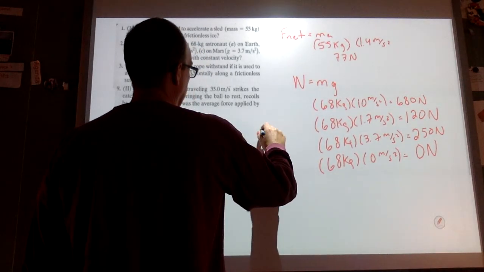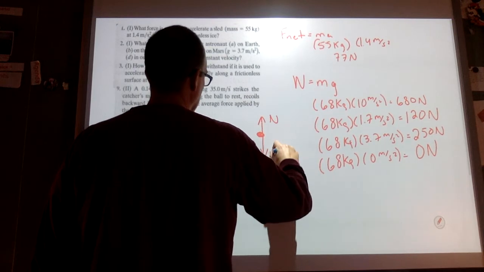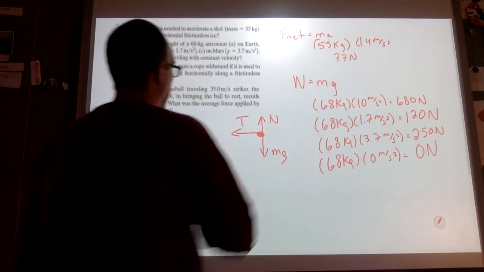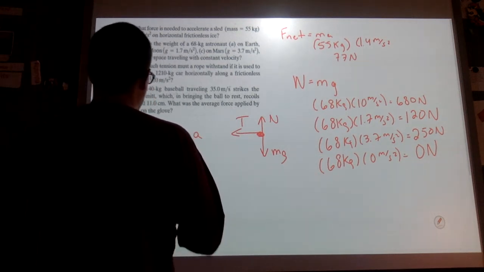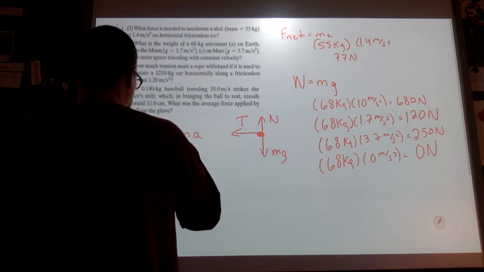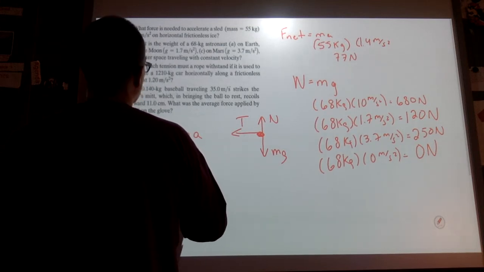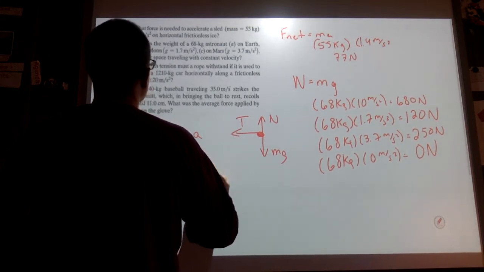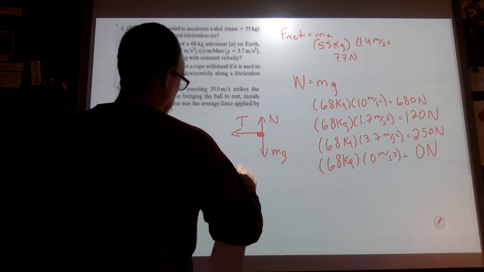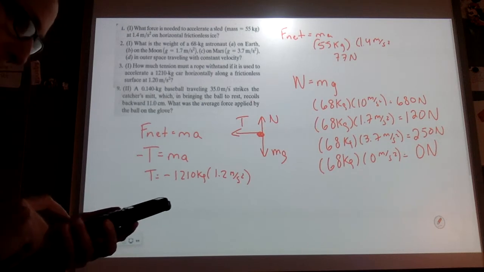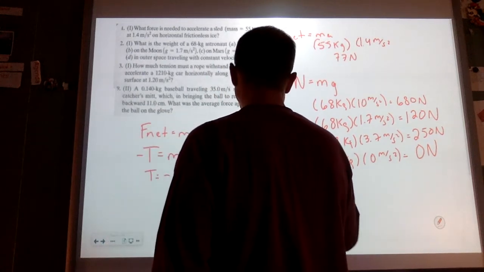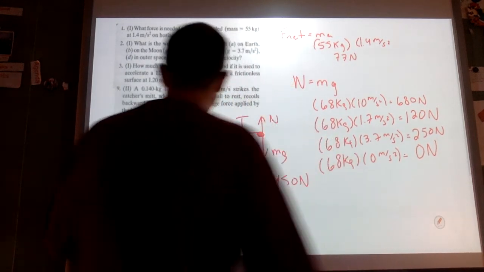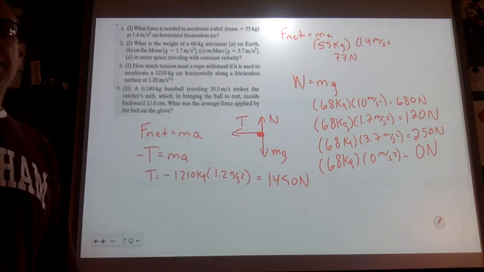Looking at my car's free body diagram, you would just have N, mg, and T. So T is going to be 1210 times 1.2, so 1450. I have a negative in there because the way I drew my free body diagram, my tension's going to the left, right?